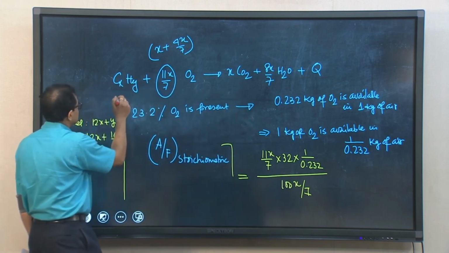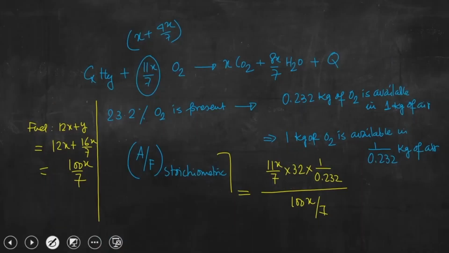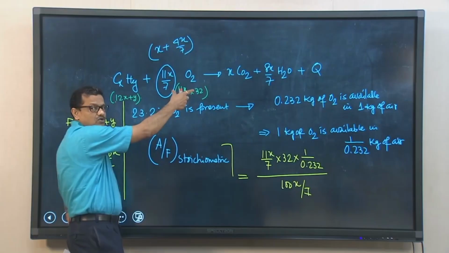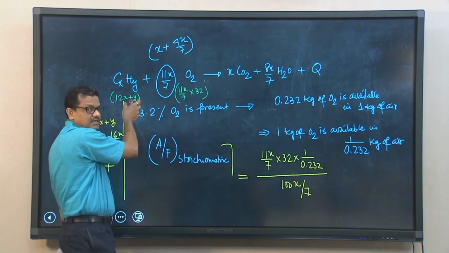So, basically this is 12x plus y, and this is 11x by 7 into 32, right. So, this much amount of oxygen is needed to burn this much amount of fuel.